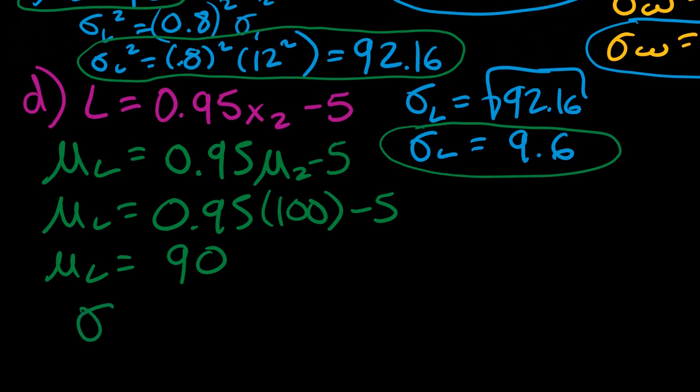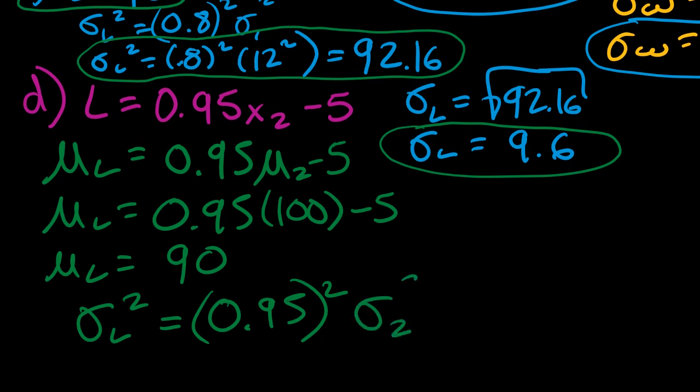Next, to find the variance of L, okay, square your constant. 0.95 gets squared. X2 becomes sigma 2 squared. The minus 5 in the back just goes away. So it's just 0. All right. The constant that's not being multiplied by a random variable, it just goes away.